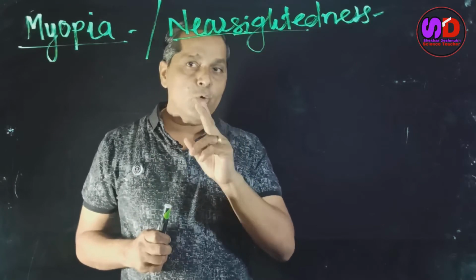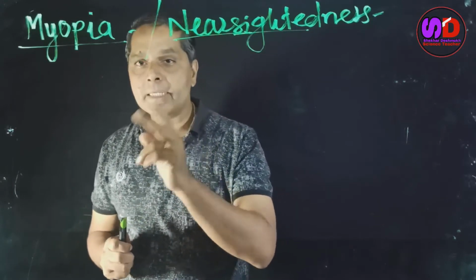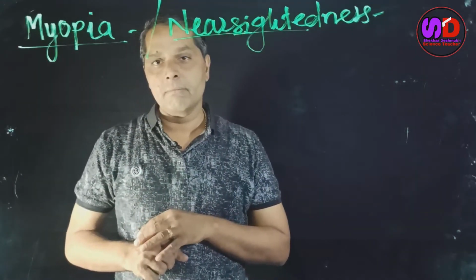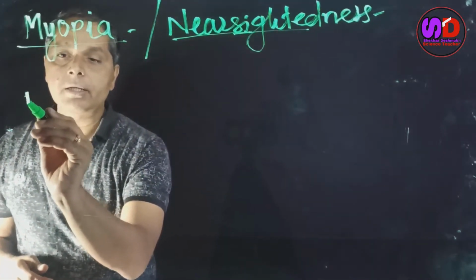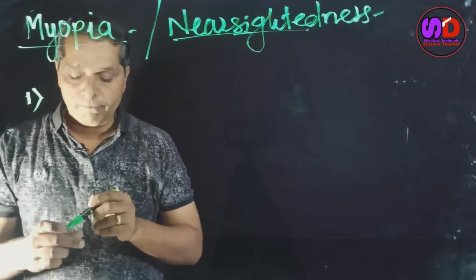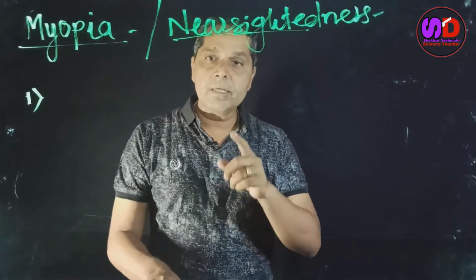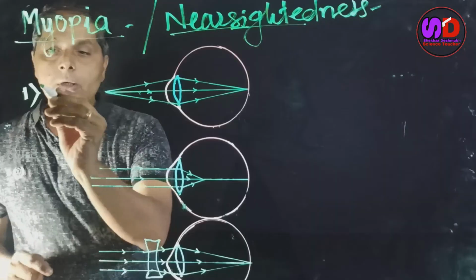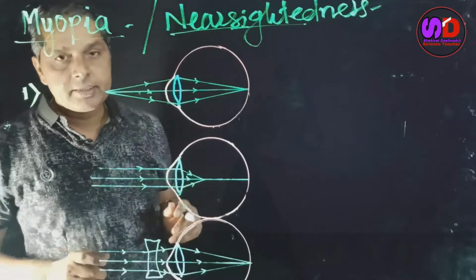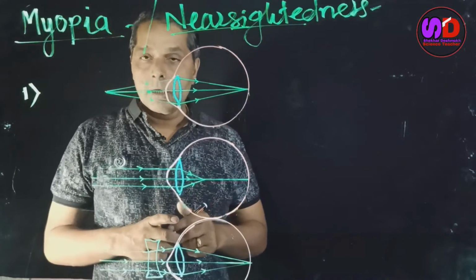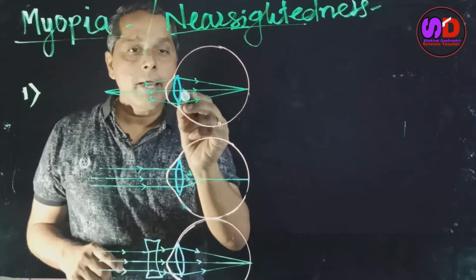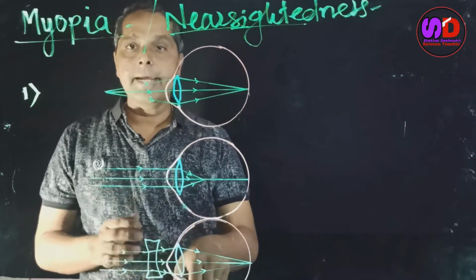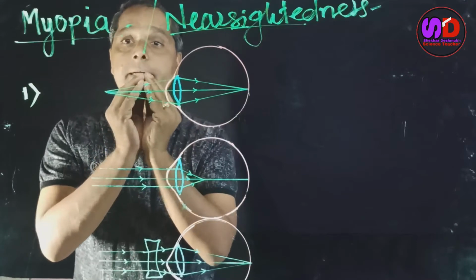So there are two main possible reasons for myopia. I will explain. The first reason, we will see with the help of a diagram. The first possible reason is that the curvature of the cornea and the lens increases.